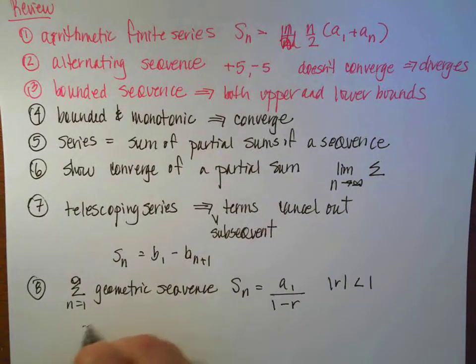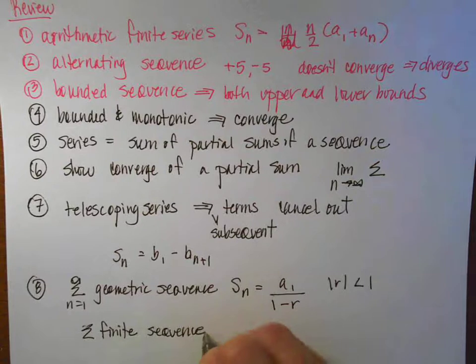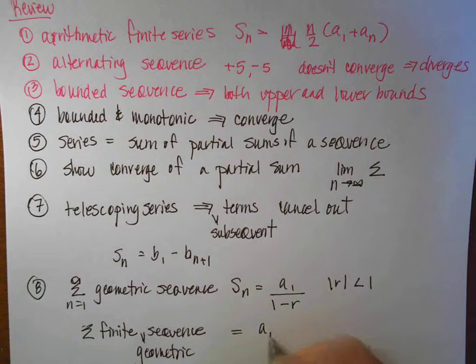And then the sum of a finite sequence, meaning it has a beginning and an end, that also happens to be geometric, is the first term of the summation times 1 minus r raised to the n over 1 minus r.